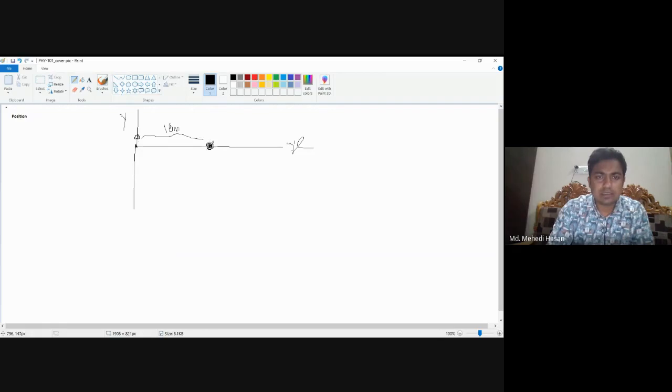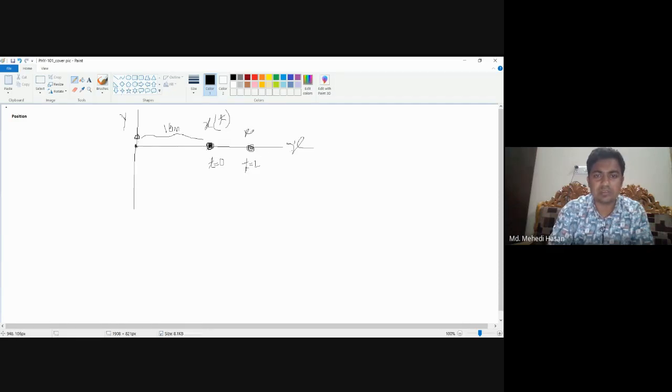Then say this position is 10 meters, and we can introduce a function which is called x, and this function will change with respect to time. If we consider t equal to 0 seconds, this is the position. Initially time is 0, so that's why the position of that object is here. Now if we consider after a certain time, t equal to 2 seconds, or 3-4 seconds, this is the position.